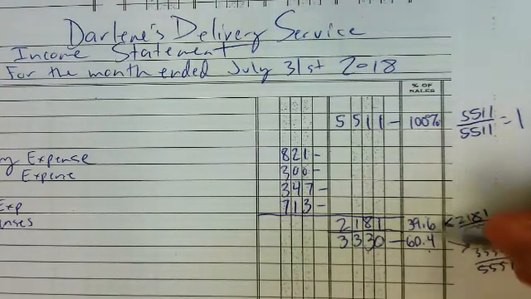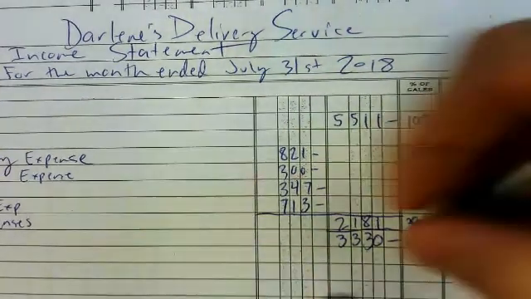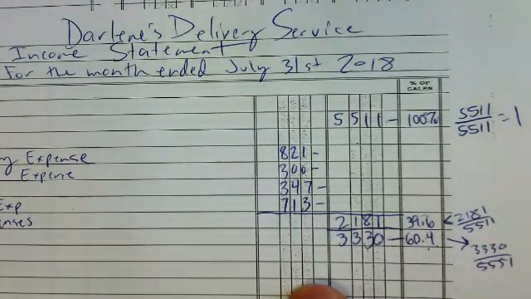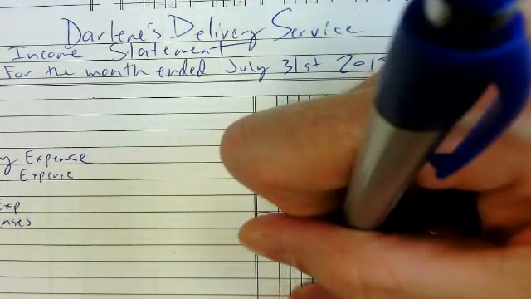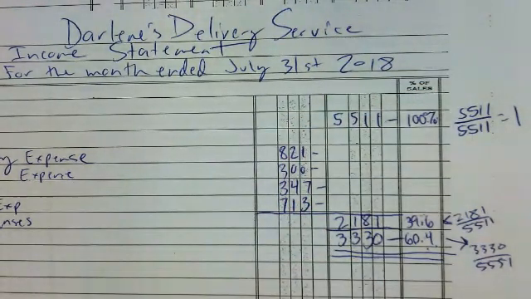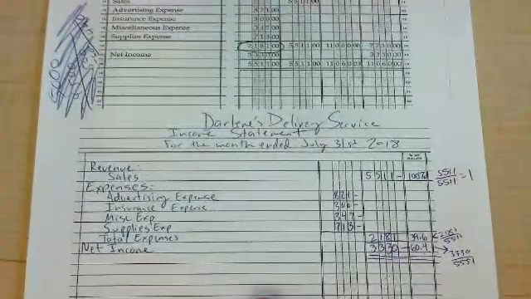Okay, it does. So if a document is done and it equals and it's complete, accountants like to put a little double line there. And that signifies that you have completed your income statement and you can turn it into the boss and say to the boss, here is the money that we made.